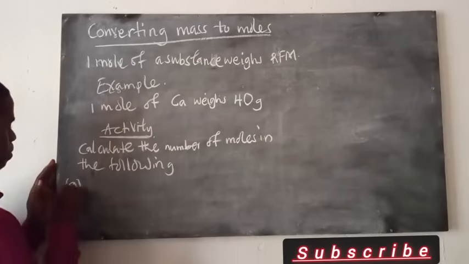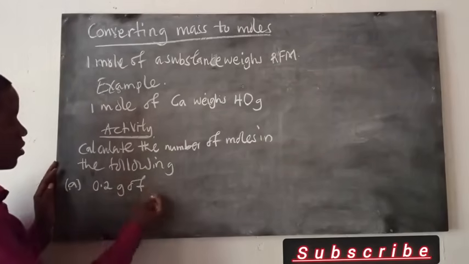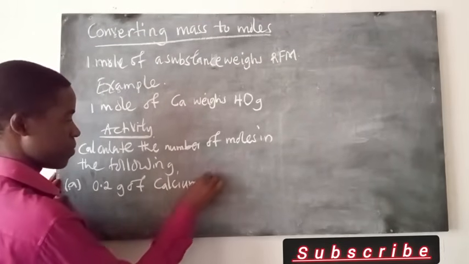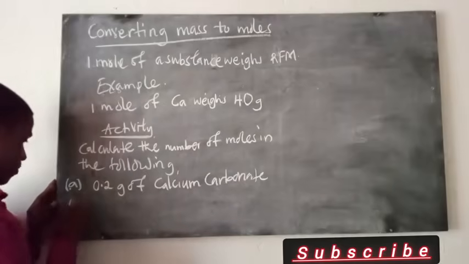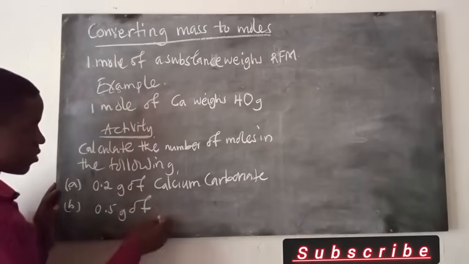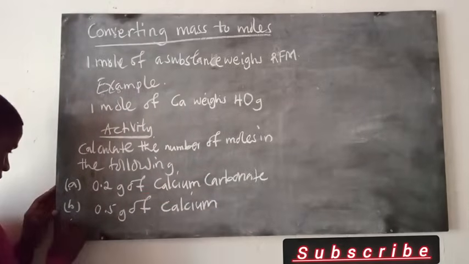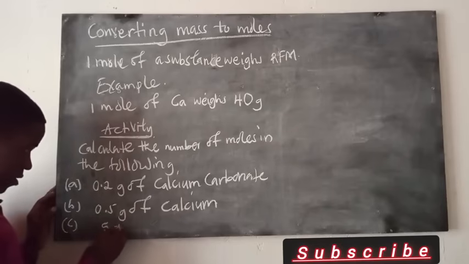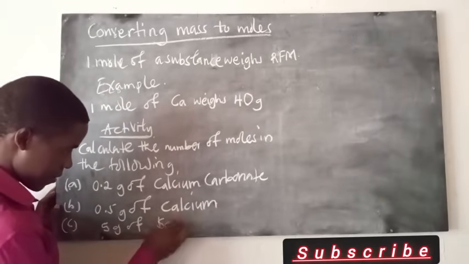Part A, 0.2 grams of calcium carbonate. Part B, 0.5 grams of calcium. Then part C, 5 grams of sodium carbonate.